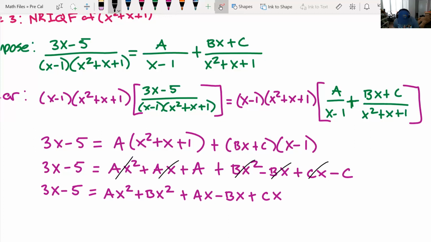Ax squared plus Bx squared, ax minus bx plus cx. I just marked them off to make sure I had them in order and I'm not missing anything.